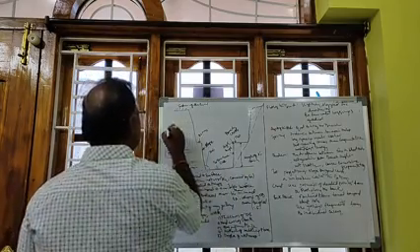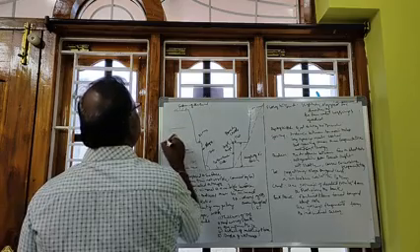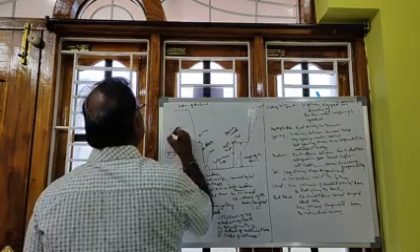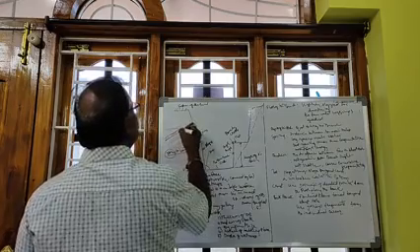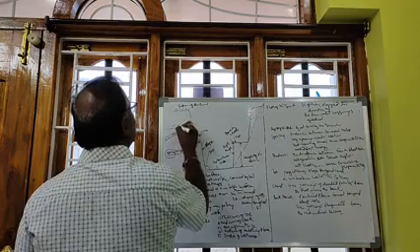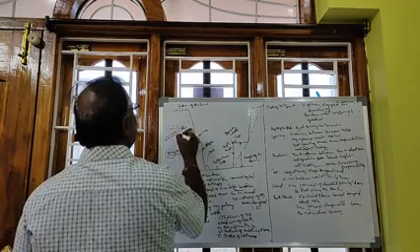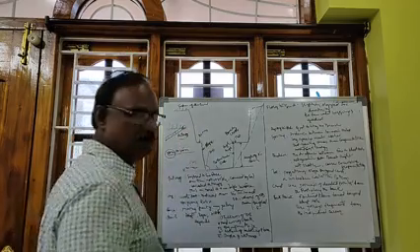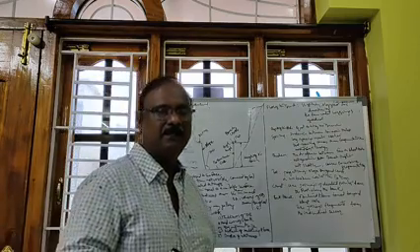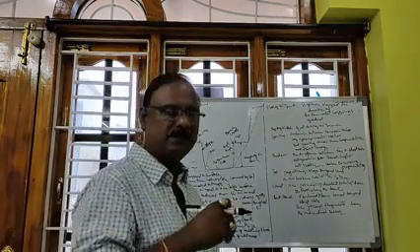Suppose this is the surface. Suppose the coal seam will be like this, and the seam which touches the surface, that point is called the outcrop. So by seeing the outcrop, we can imagine the occurrence of coal.